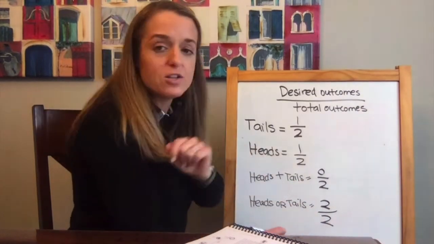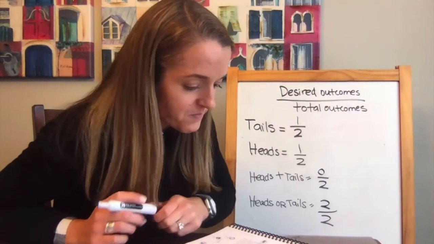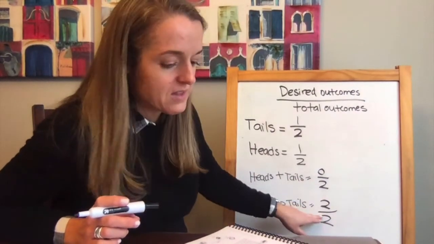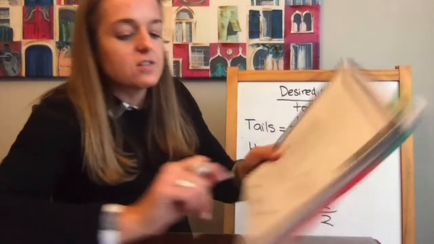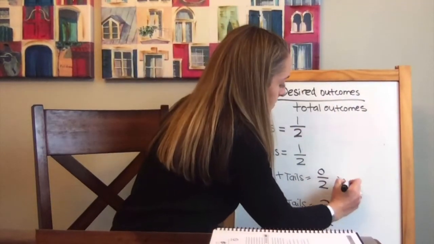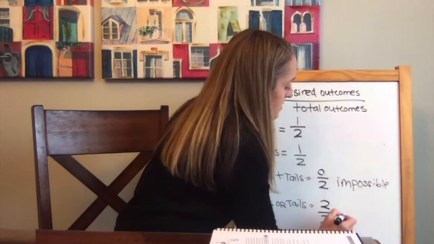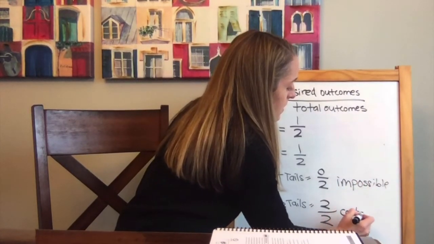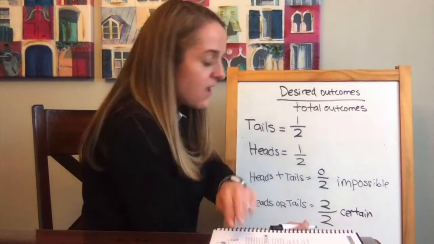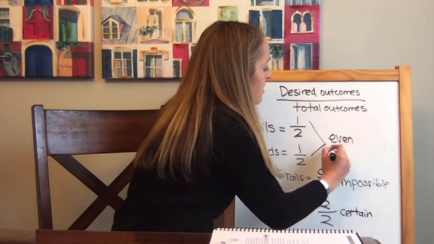That means 100% of the time I will get either heads or tails. I will always get that. So if we look at our slider here again, this one is impossible. This one is certain. We are certain to get one or the other. And these 2, we have an even chance.